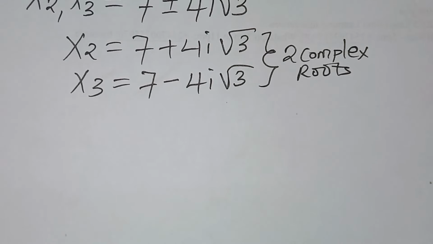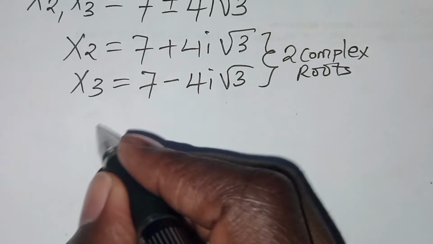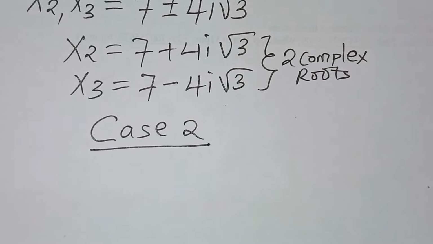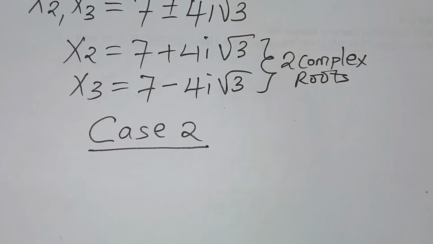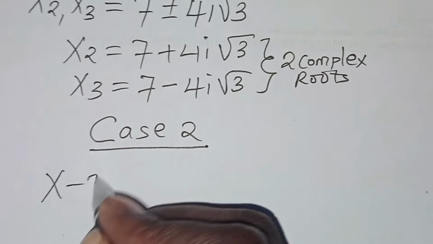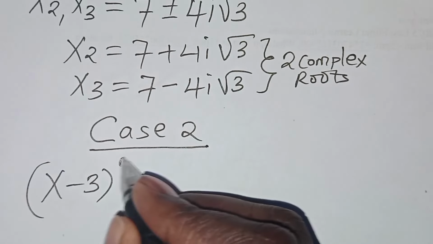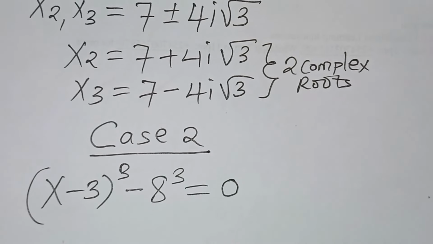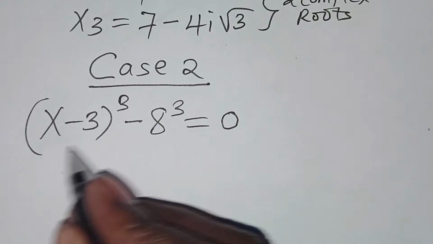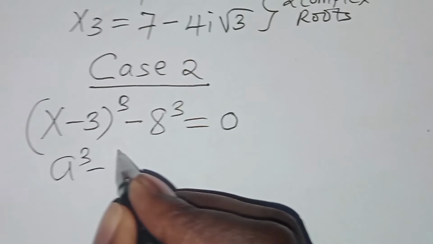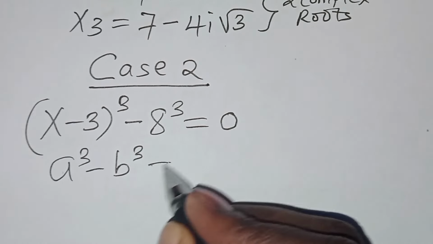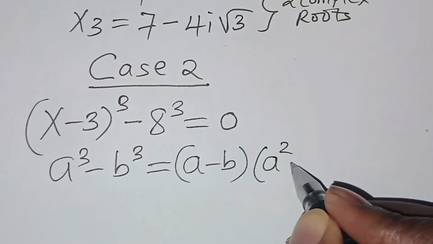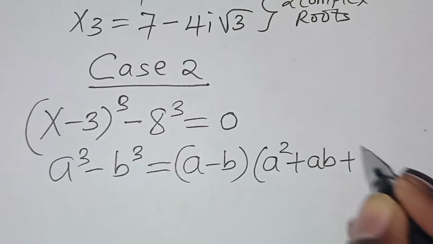Now let's proceed to case 2 here. So in case 2 here, we have x minus 3 to power 3 subtract 8 to power 3, equal to 0. Now this is actually in the form of a cubed minus b cubed, which is the difference of two cubes, expressed as a minus b, a squared plus ab plus b squared.